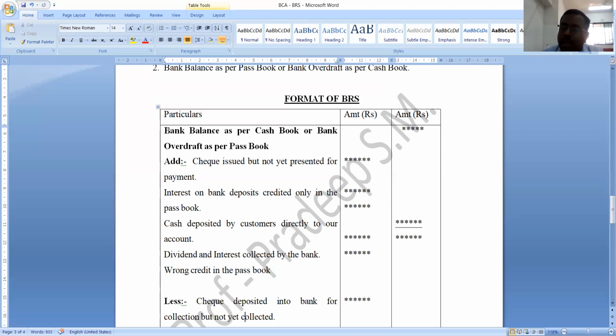If they give bank balance as per passbook, you need to find out bank balance as per cash book. Understood? Now let us assume that they have given the bank balance as per cash book. Here it is a standard situation. Most of the time they will give you the bank balance as per cash book and ask you to find out the bank balance as per passbook.